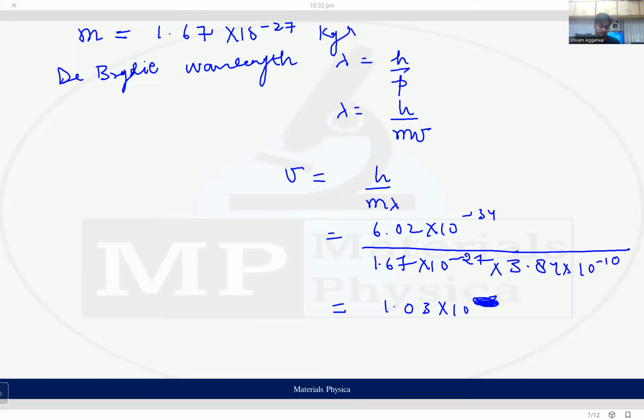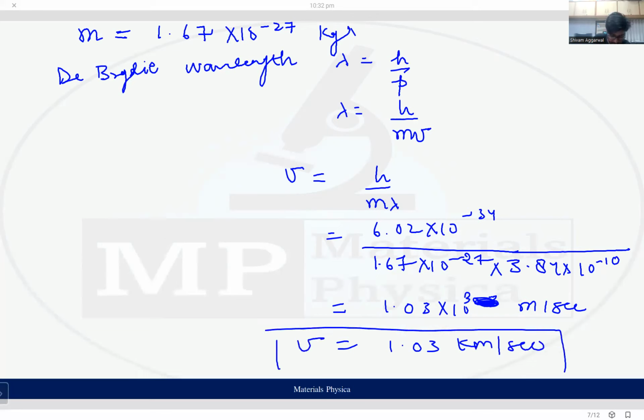We have to take all the values in mks, because the values of h and m are also in mks, so lambda should also be in mks. So v is about 1.03 into 10 to the power 3 meter per second, or I can say 1.03 kilometer per second.